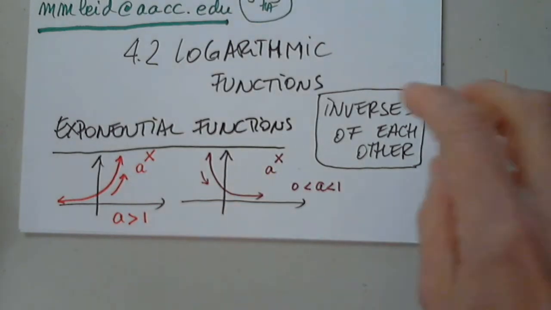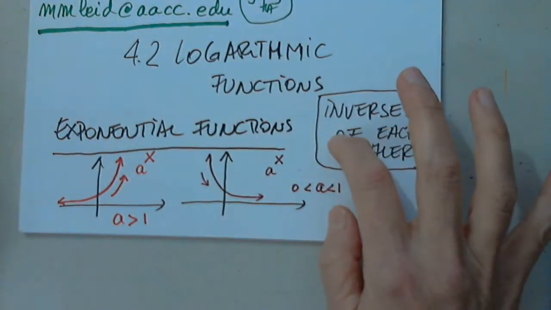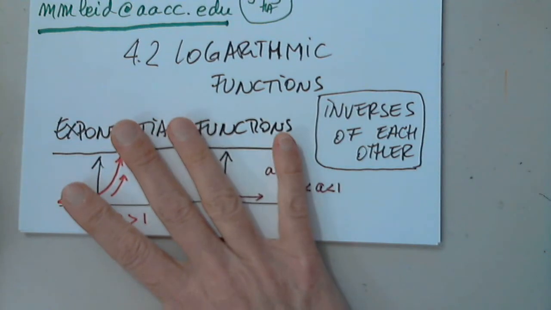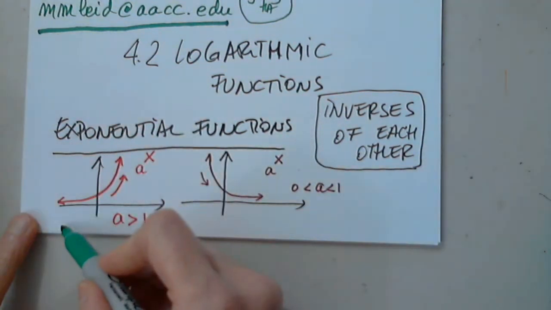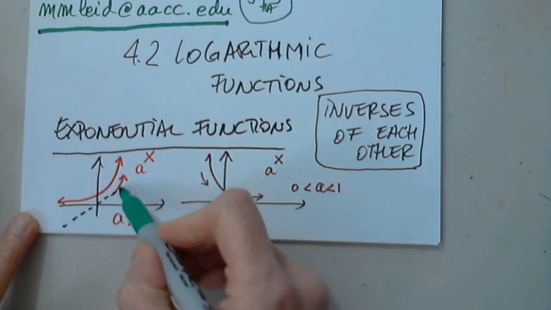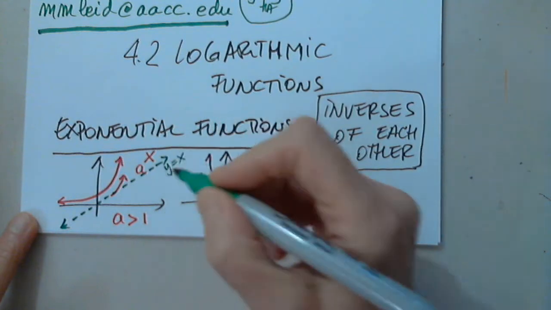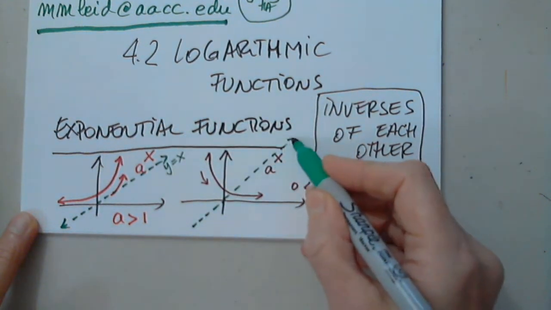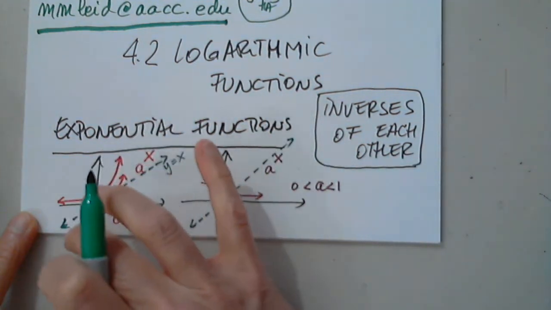Now, whenever in the past we graphed inverses in chapter 2, when we graphed inverses on the same coordinate system, the very first thing we need to do is graph the line y equals x. Y equals x, which is the line that bisects the first and the third quadrants, half, half, half, half.